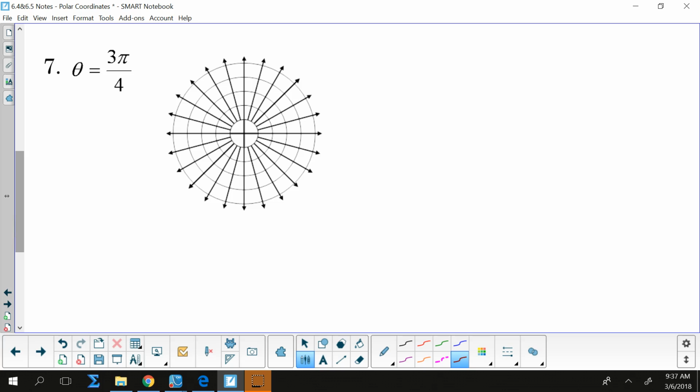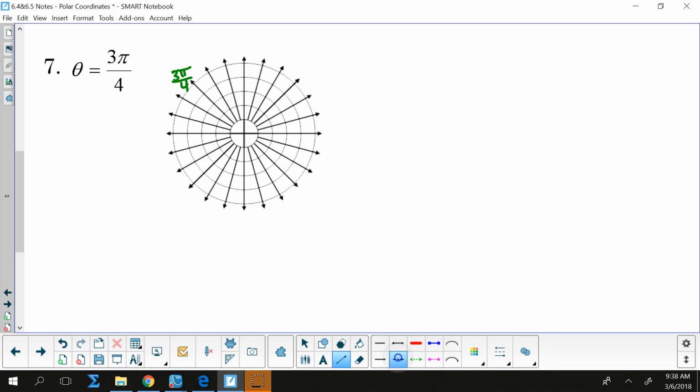Okay? Along the 3 pi over 4. So I would first want to find out where my 3 pi over 4 line is, right? So that's this one. And then it'd be just like a straight line. Just going that way? Like a ray? Or would it truly be a line going in both directions? I think a ray.